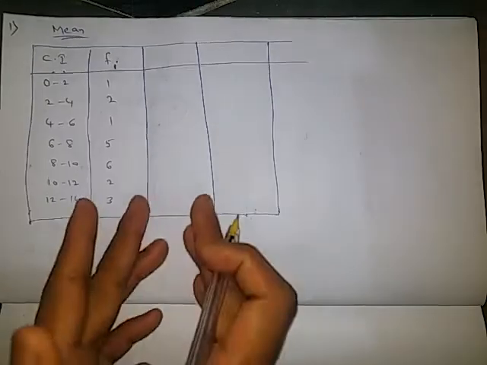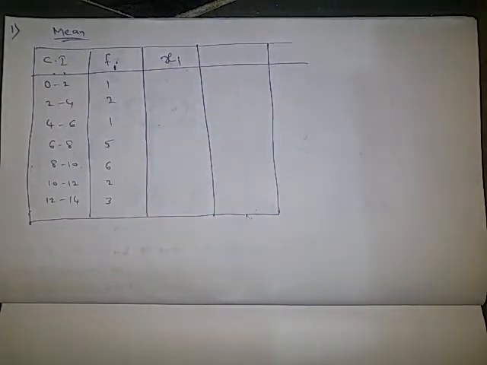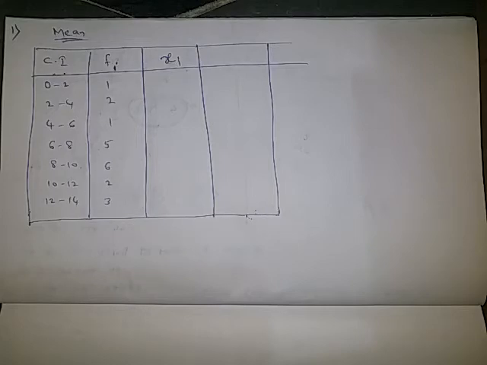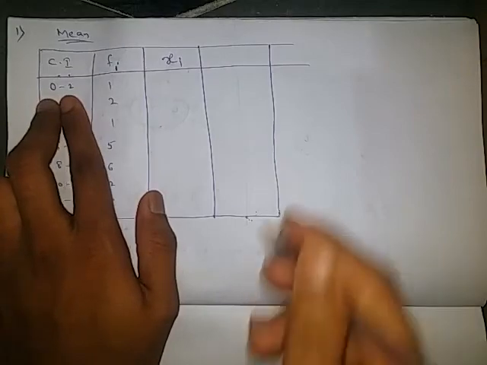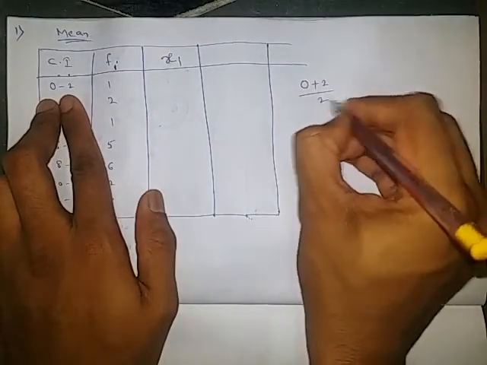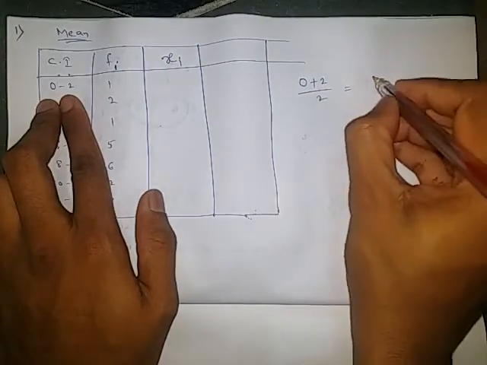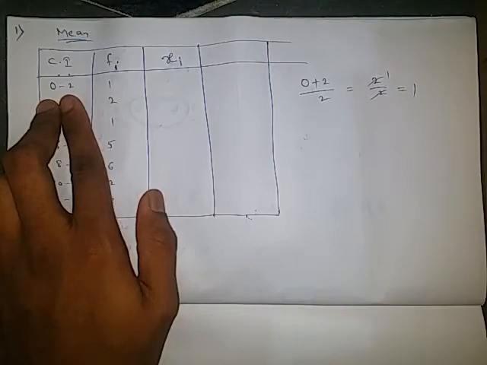The third column is the class mark, represented by xi. Class mark is nothing but the average of the class interval. If we take the first row, the average of 0 and 2, that is 0 plus 2 by 2, which is 2 by 2, that is 1.